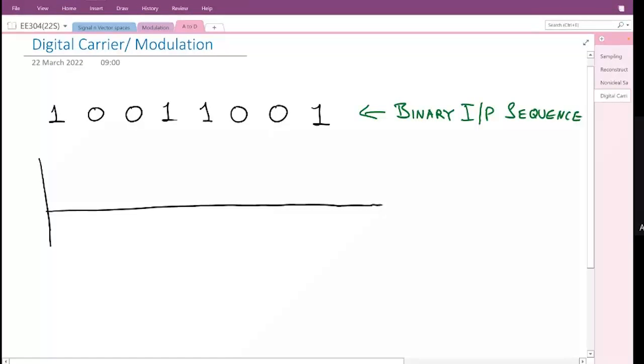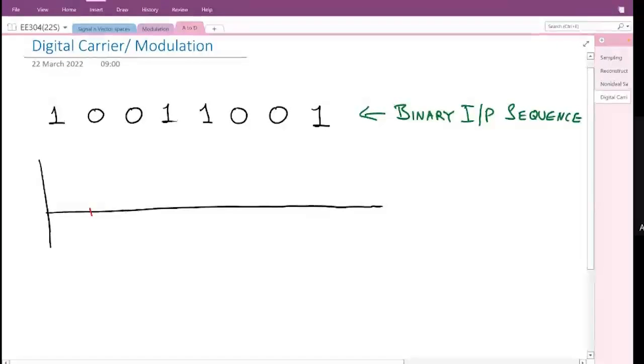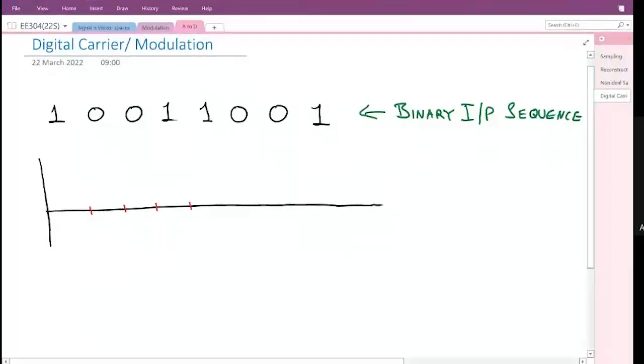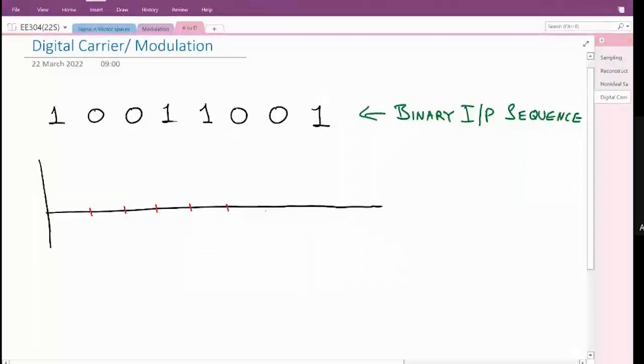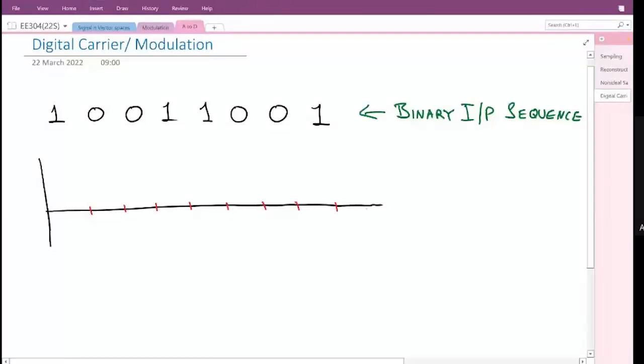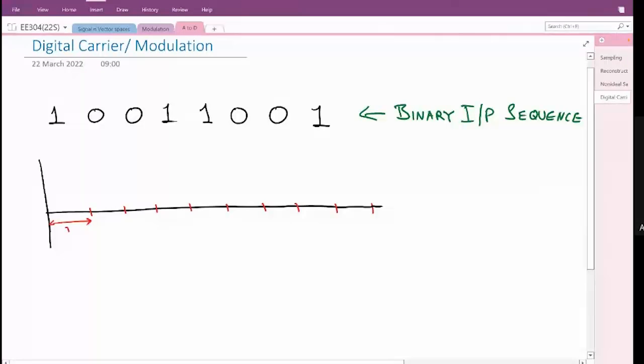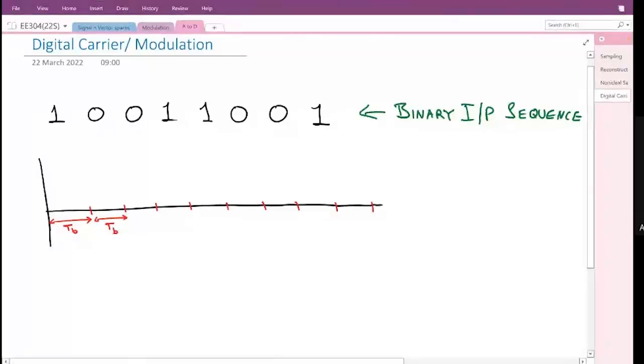let us first partition the x-axis into time intervals, and let us say that this is Tb, and this is time.